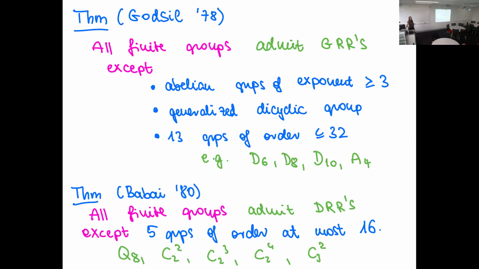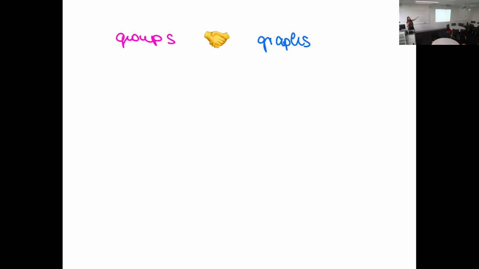And then if Cayley graphs are not the answer, then lots of information is still known. Okay, so we have now seen that groups and graphs go hand in hand, because it's very easy to go from a graph to a group, and it's very easy to go from a group to a graph.